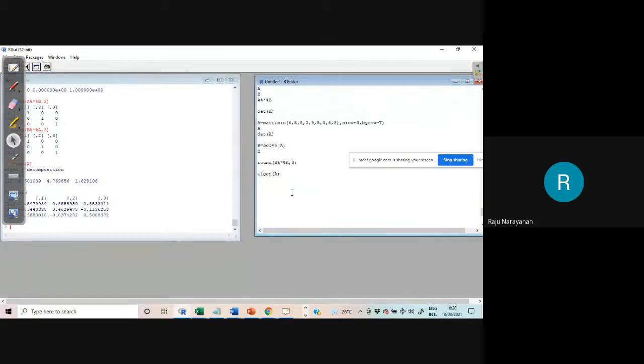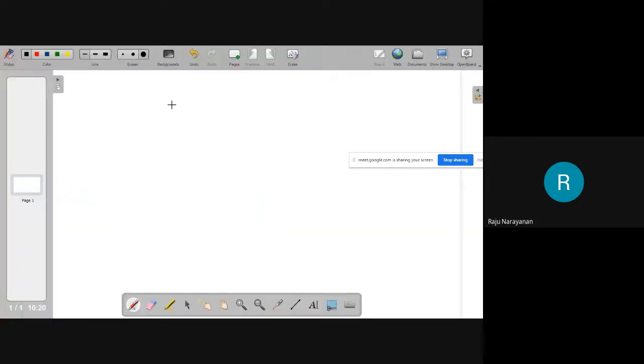Okay, now let us take a system of simultaneous equations. Let us take the solution like this first. Suppose x is equal to 2, y is equal to 3, z is equal to minus 1. Then what will be 4x minus 3y plus 5z? 4x is 8, minus 3y is minus 9, plus 5z is minus 5, that is minus 6.